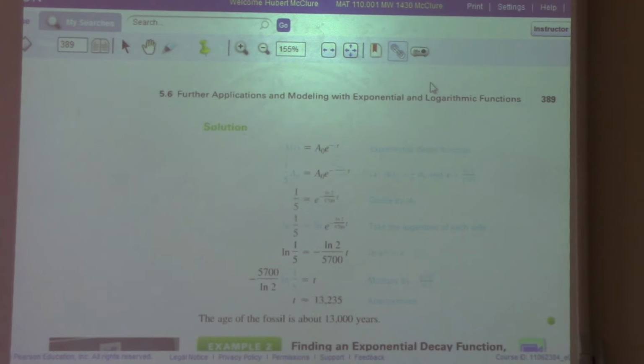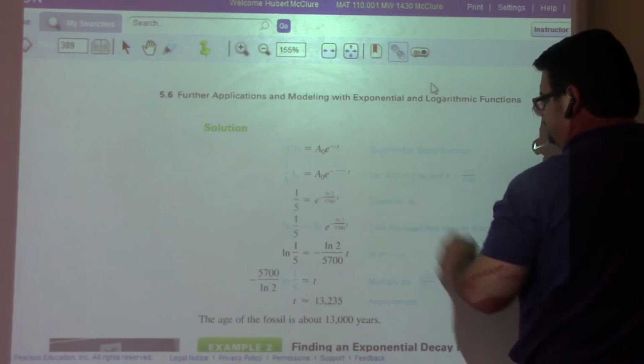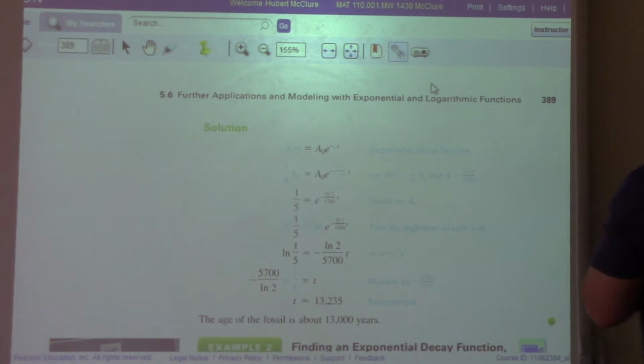Plug and chug. You end up taking the log of both sides because you have something in the exponent. What do you have in the exponent? You have T, which is a variable you solve for. So you plug and chug and take the log of both sides.